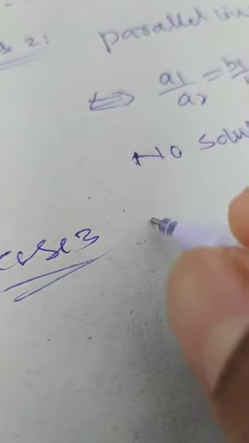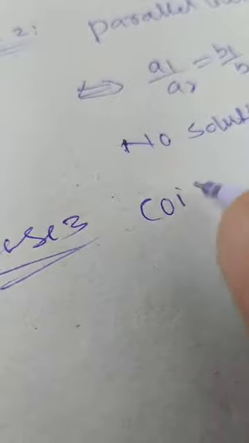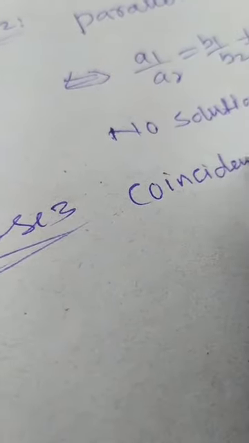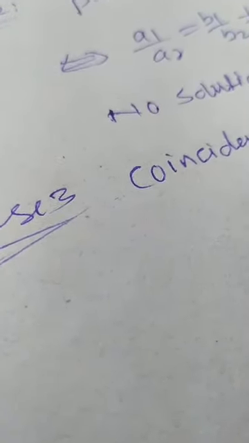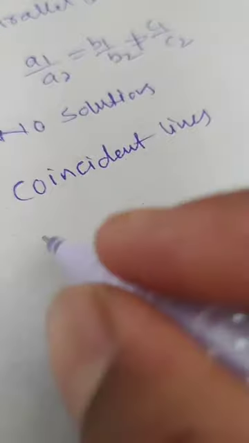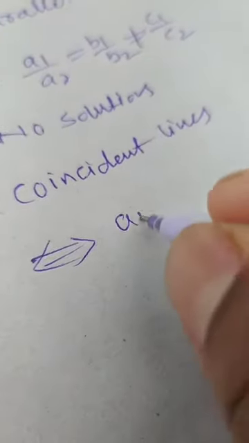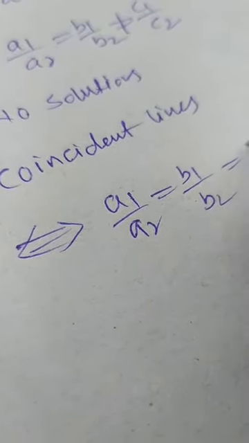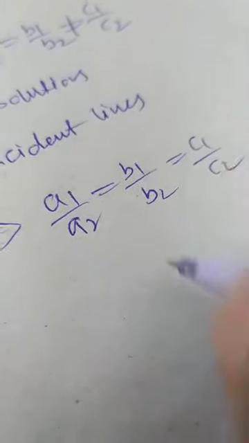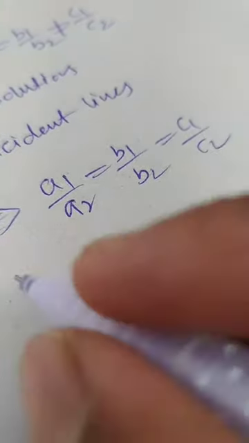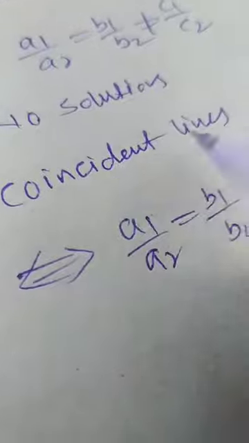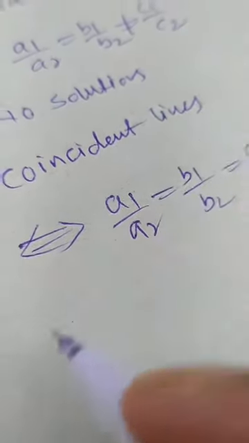Case 3, coincident lines. When are lines coincident? If a1 by a2 is equal to b1 by b2 is equal to c1 by c2. If the a1 by a2 ratio, b1 by b2 ratio and c1 by c2 ratio are equal, at that time the two lines are said to be coincident lines. If they are coincident lines, then how many solutions exist?